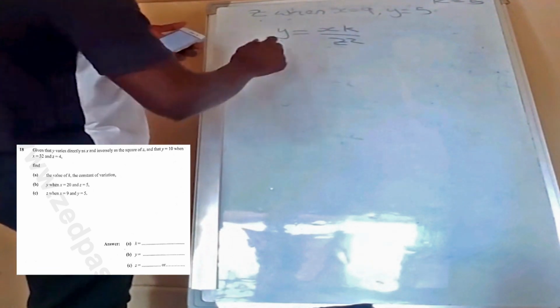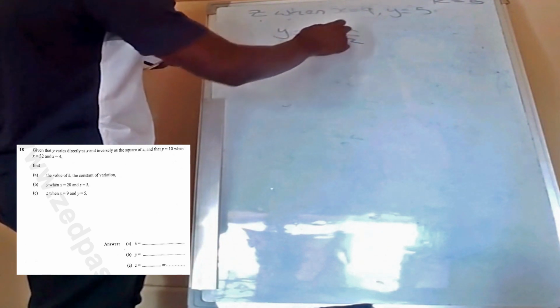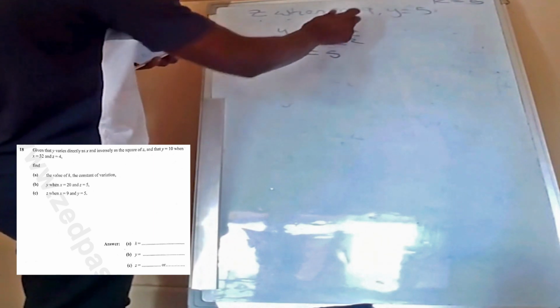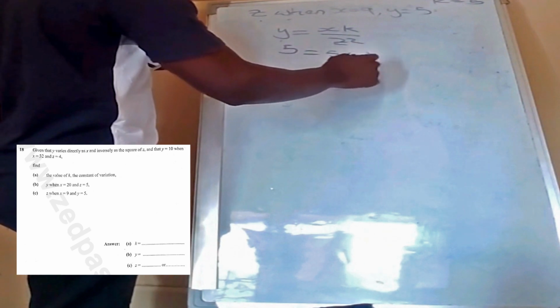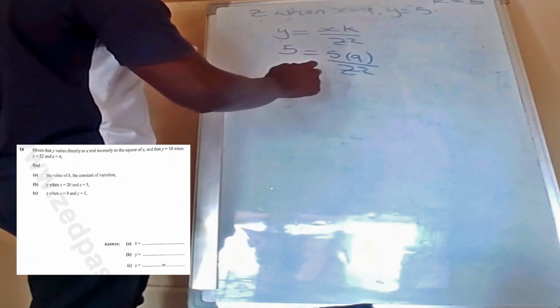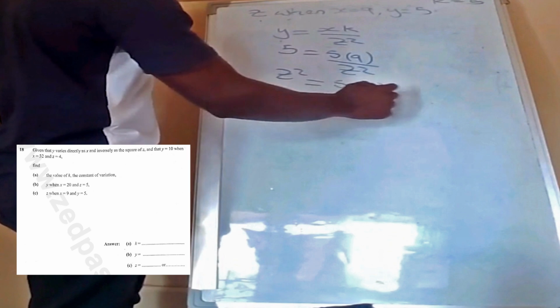Then we can replace with what we have. y is 5, the variation constant is 5, x is 9, and z is what we're looking for, so z squared. We can cross multiply, and we'll have z squared equals 5 times 9 over 5.